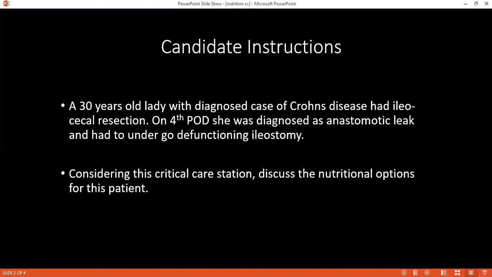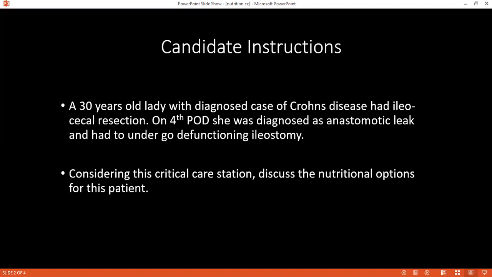Then severely burned patient, multiple trauma patient, and severe sepsis with multi-organ failure. These are the general causes. And there are certain gut-related causes like short bowel syndrome, intestinal obstruction, enterocutaneous fistula, radiation enteritis, and inflammatory bowel disease.